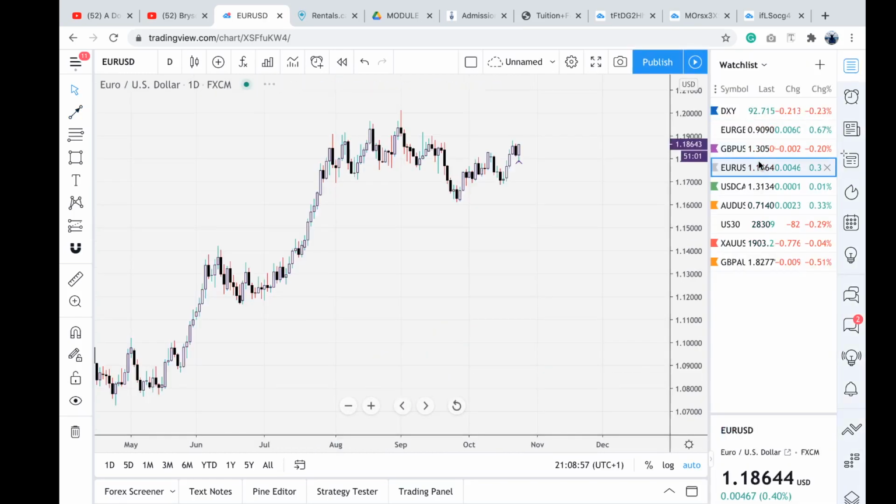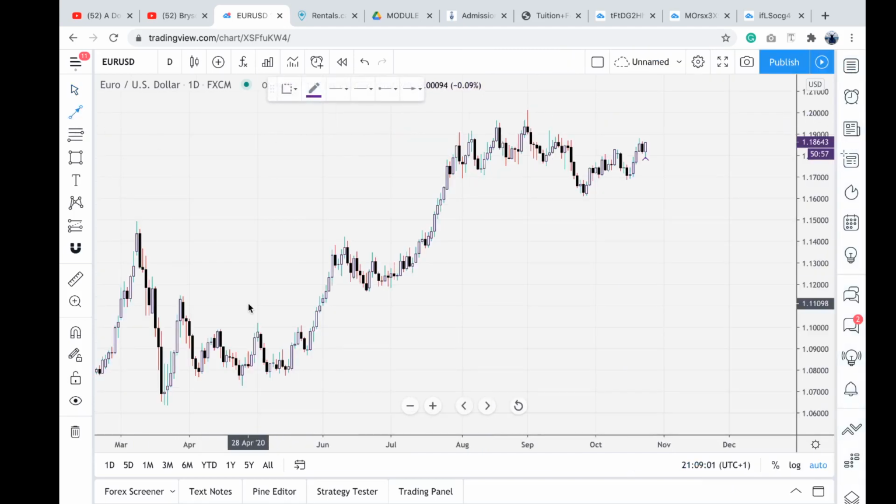Let's see if there's actually something here. Okay, there's really nothing much here. Okay, we can still use this as an example.